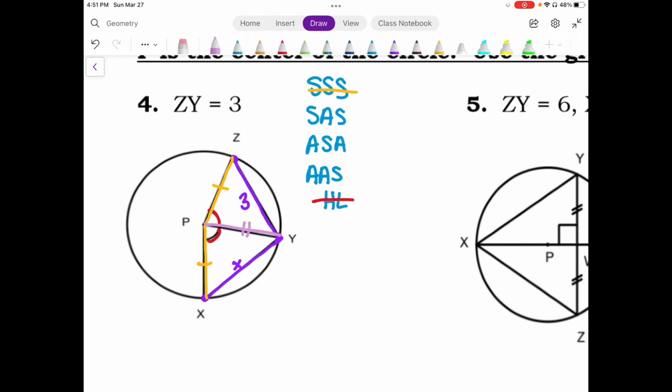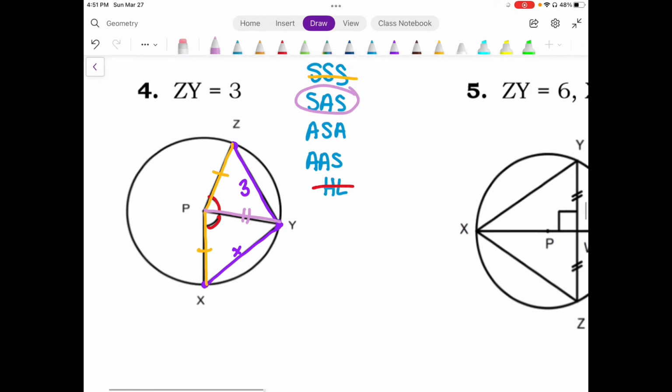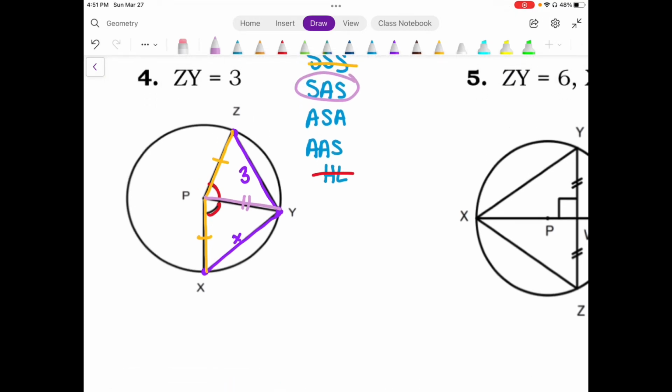It's going to be congruent to itself. So since I know two sides and one angle, and that one angle I know is in between my two sides, I'm going to say that these two triangles are congruent by side angle side, which means that ZY and XY have to be the same. So XY has to be 3 because those are congruent triangles.